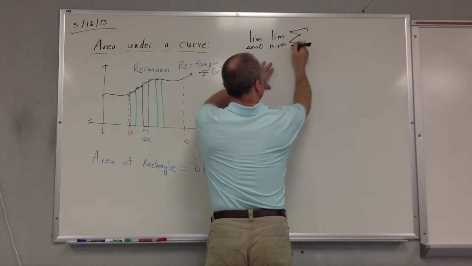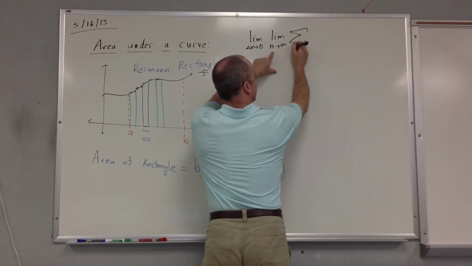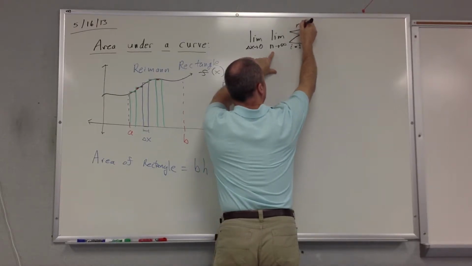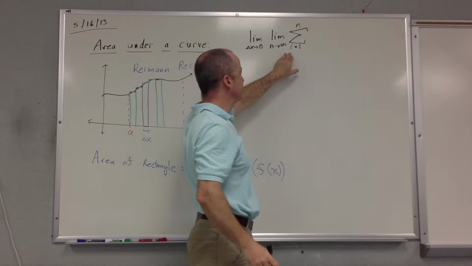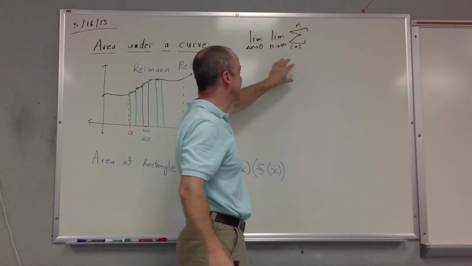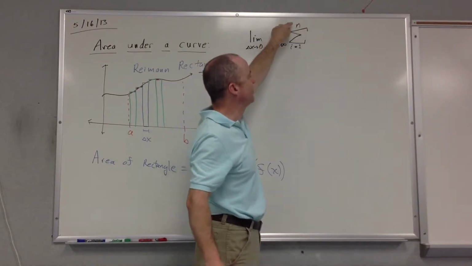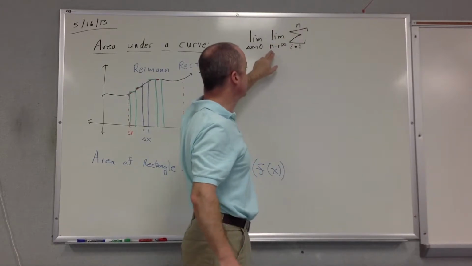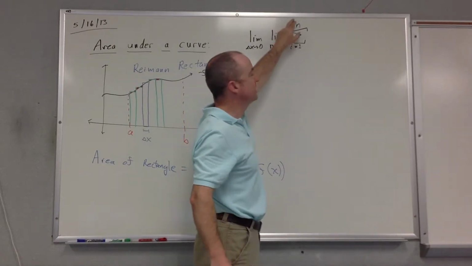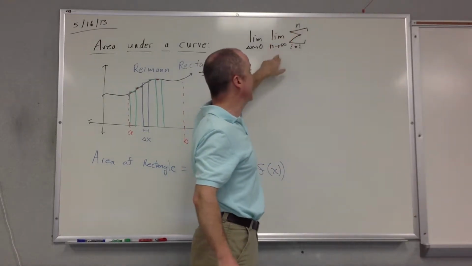Now, I'm going to use my counter. I have an i here. I'm going to say i equals 1. And i is going to go up to n. We could also just skip this step maybe and put infinity up here, but a lot of textbooks use this. They don't like to put infinity atop their sigma. So they say, we're going from 1 to n, and n is headed towards infinity.